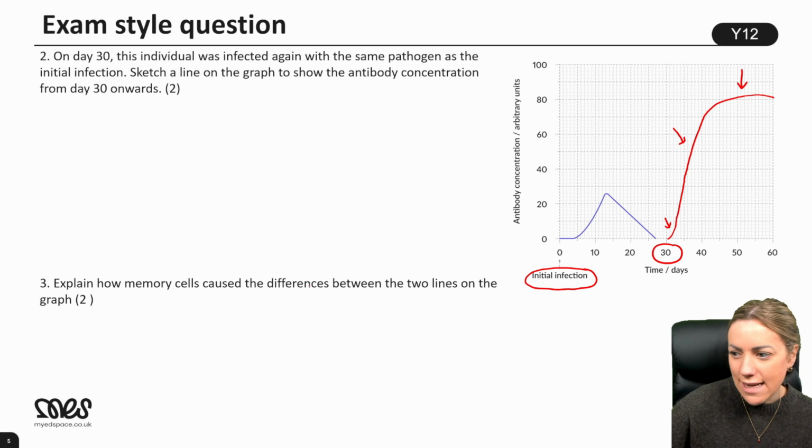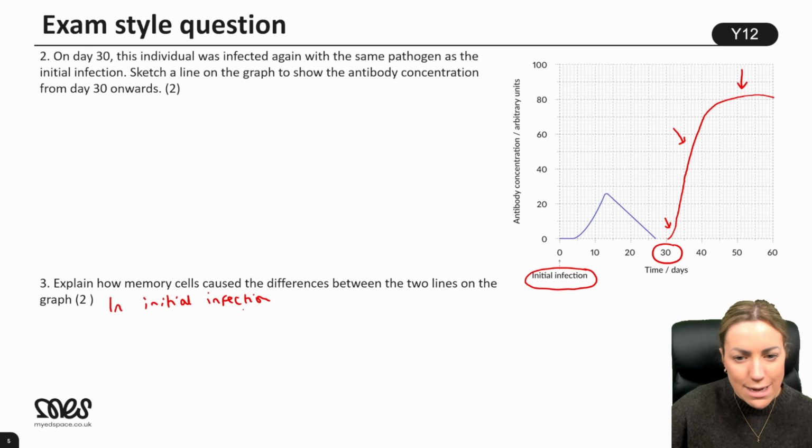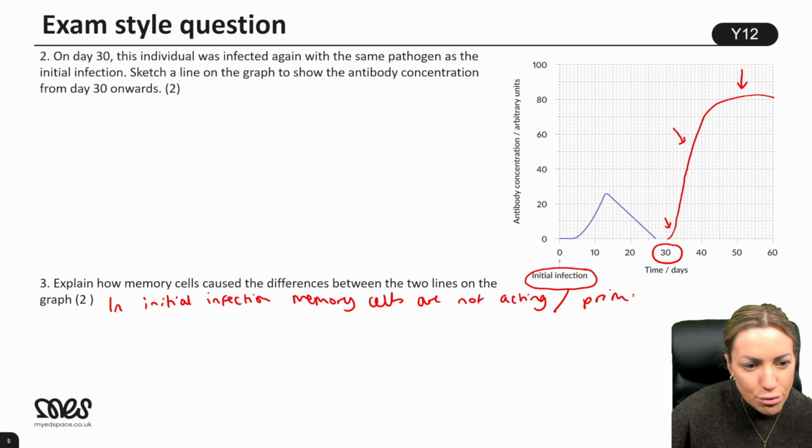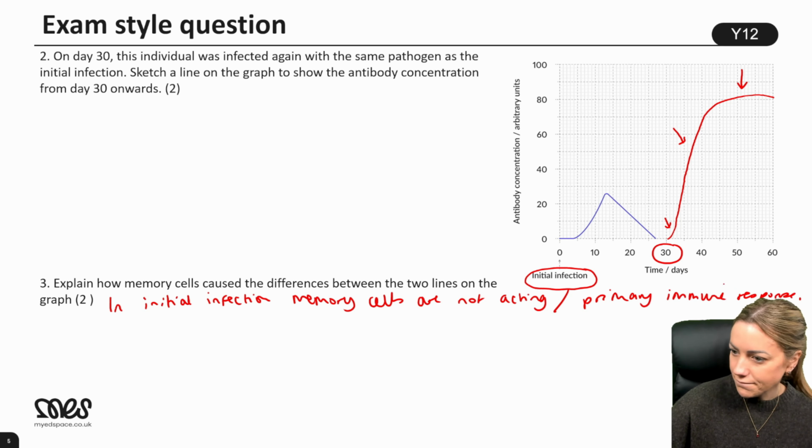Explain how memory cells cause the differences between the 2 lines on the graph. So in the initial infection, or we could say the primary immune response, memory cells are not acting. Okay.